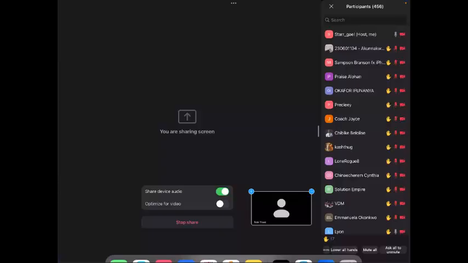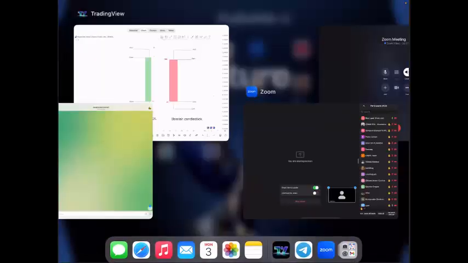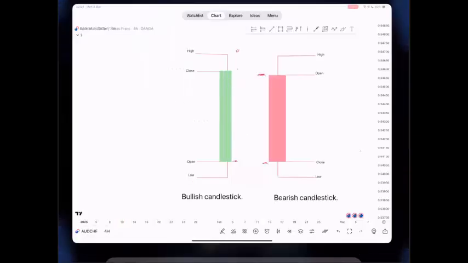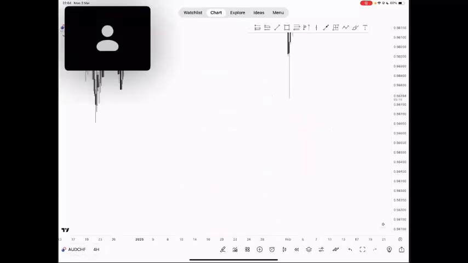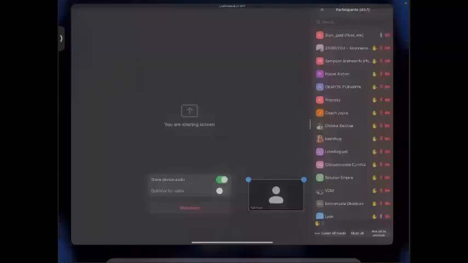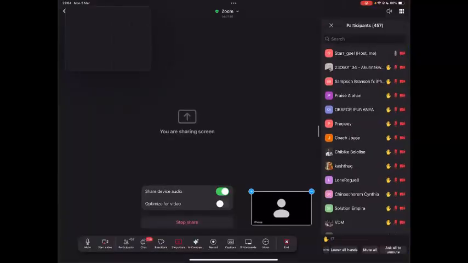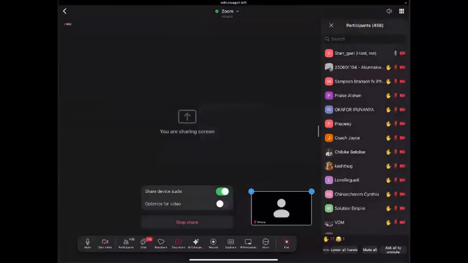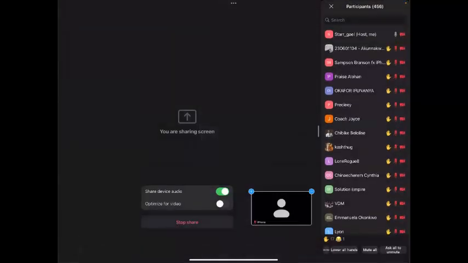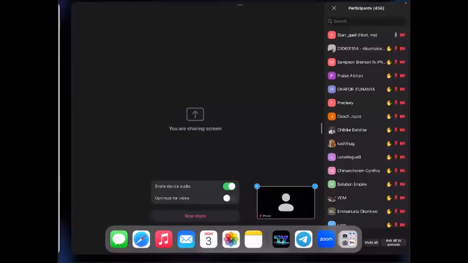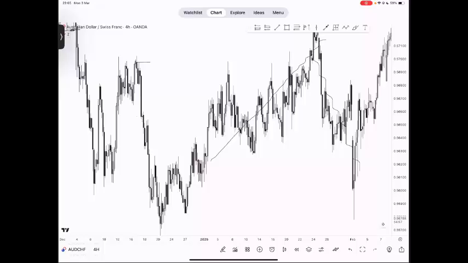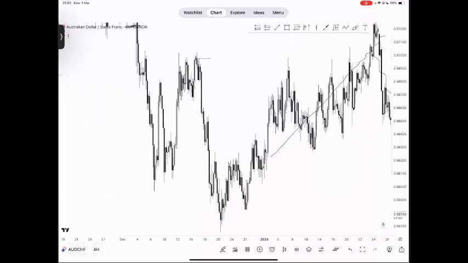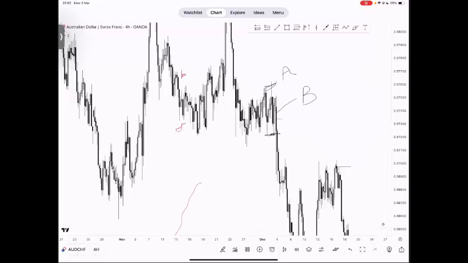So I told you that the doji candlesticks are reversal candlesticks, which means that the majority of the times that you see them, they usually come with a change in the direction of price.